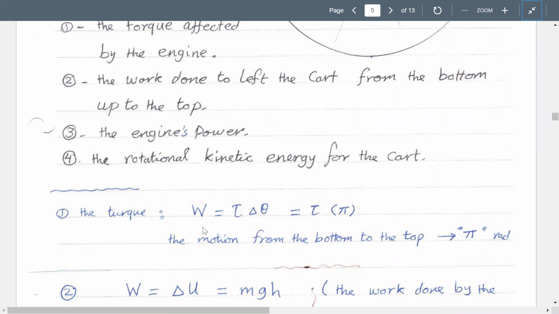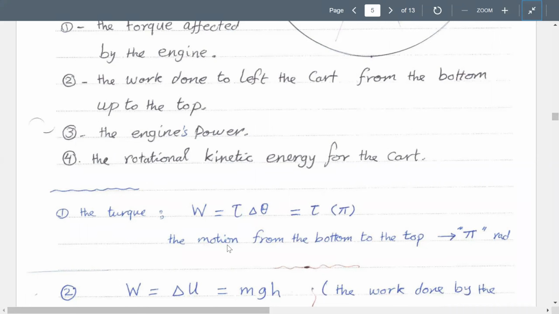Now, from the work, the work is equal to, we need to find the torque now. The work is equal to tau multiplied by delta theta. Tau is the torque. Delta theta, I take it equal to pi.